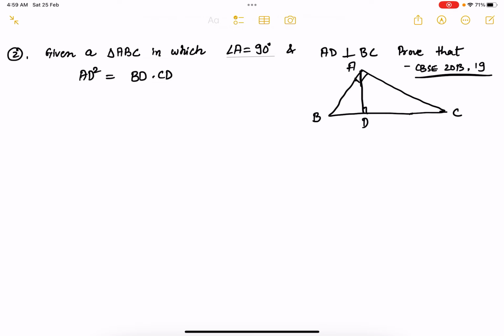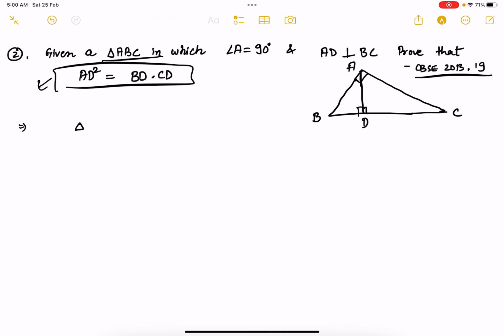In this example, triangle ABC is given, in which angle A is 90 degrees and AD is perpendicular to BC. We have to prove that AD square is equal to BD into CD. So let's prove some triangles similar.